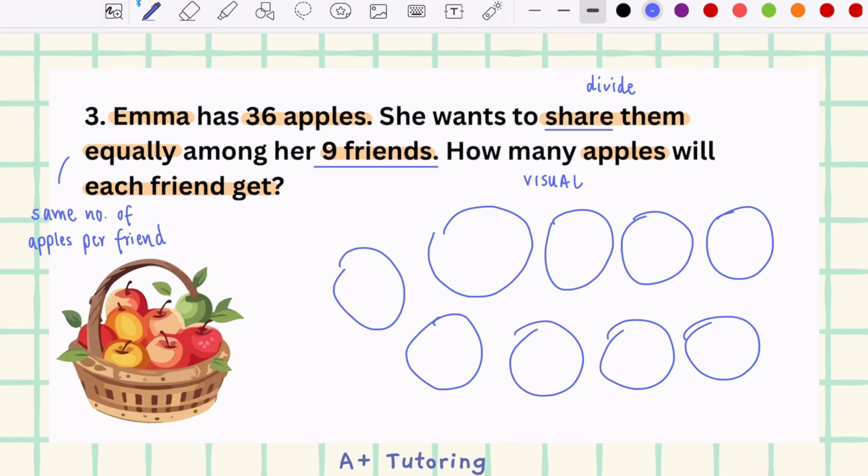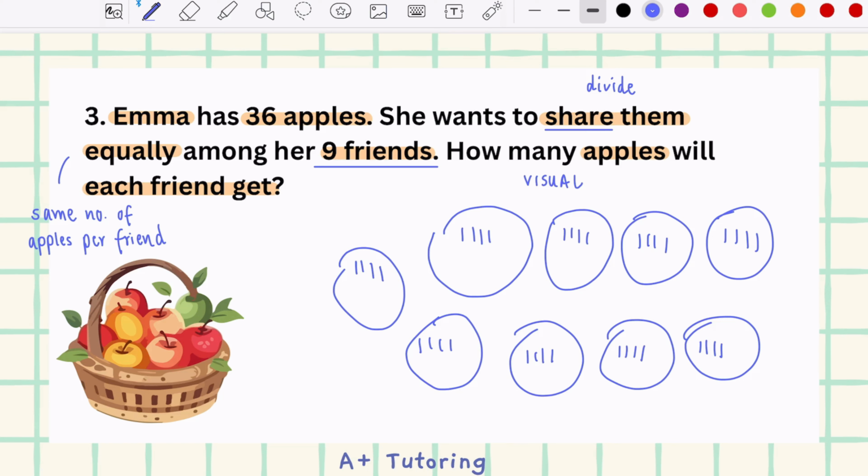So draw a line for each apple. 1, 2, 3, 4, 5, 6, 7, 8, 9, 10, 11, 12, 13, 14, 15, 16, 17, 18, 19, 20, 21, 22, 23, 24, 25, 26, 27, 28, 29, 30, 31, 32, 33, 34, 35, 36.